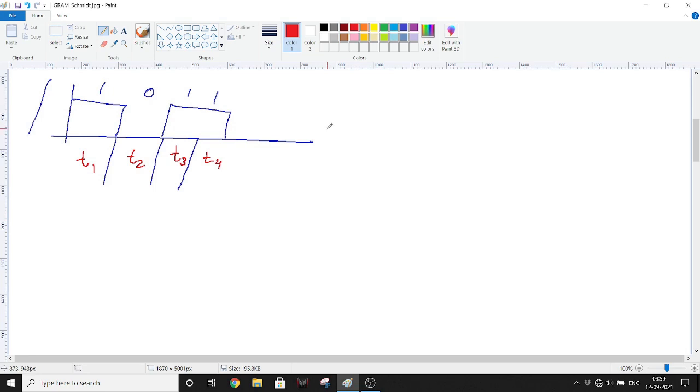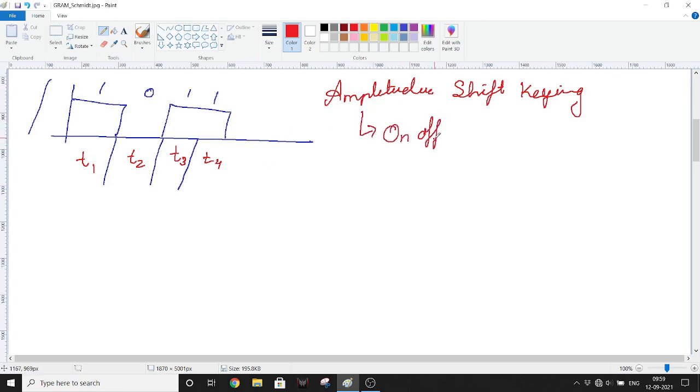So the easiest and first modulation technique that one can look into is amplitude shift keying. And in that the simplest is on off keying, or shift keying.